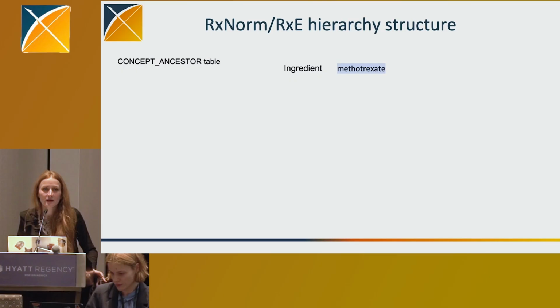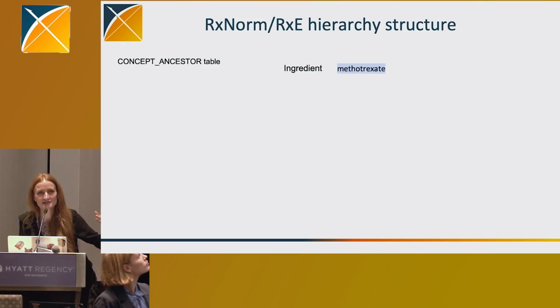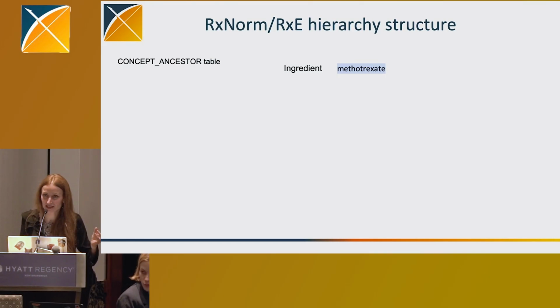So hierarchy. And what is interesting, in OMOP drug domain, we have two main dimensions of hierarchy. The first dimension is a RxNorm plus RxNorm extension hierarchy level, like this level. And in parallel, we have another dimension where we have ATC, which classifies this RxNorm and RxNorm extension additionally. But here we're looking particularly at RxNorm and RxNorm extension hierarchy. So to understand it, we need to look at the concept ancestor table.